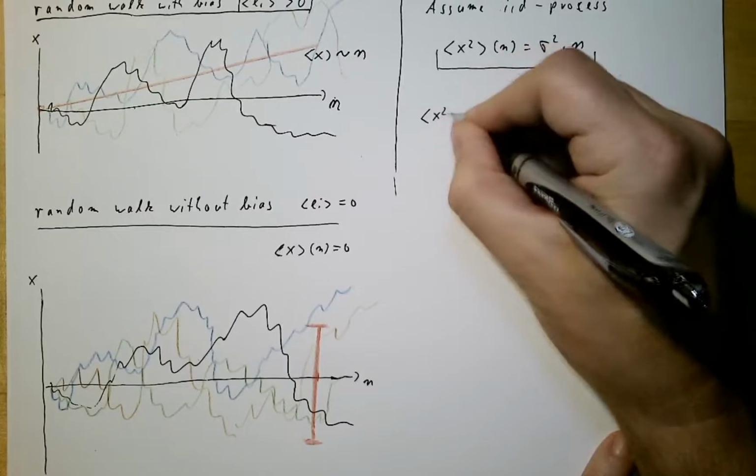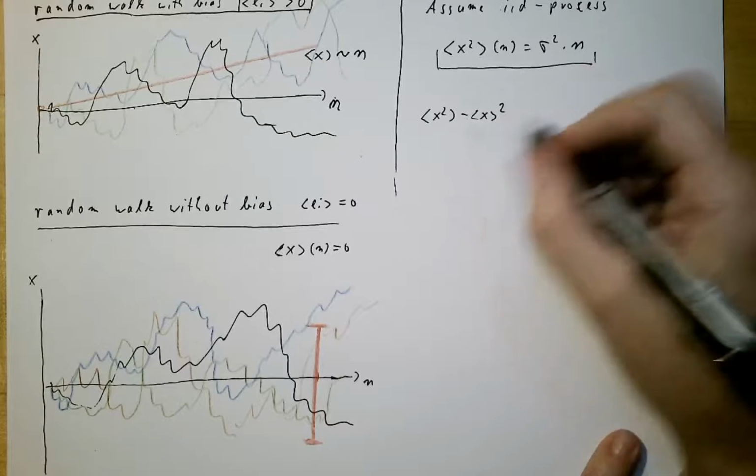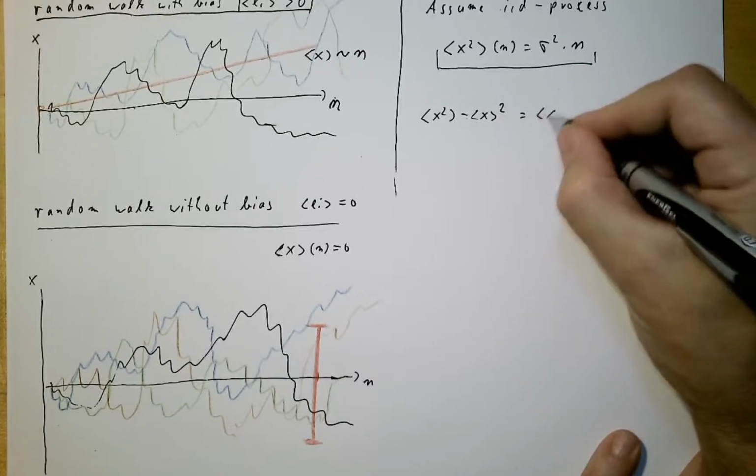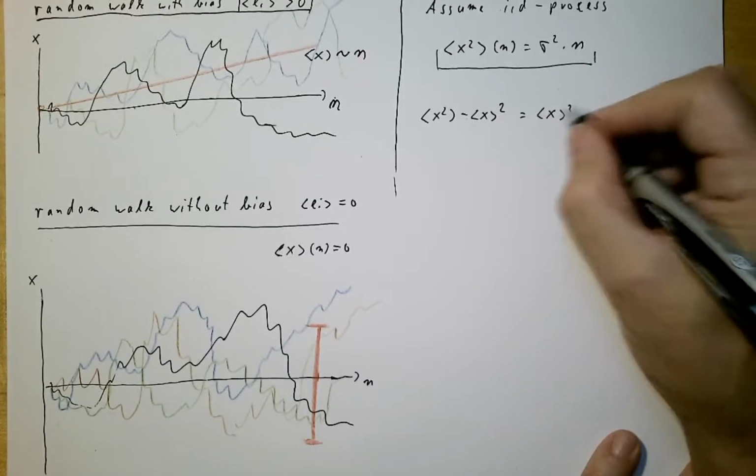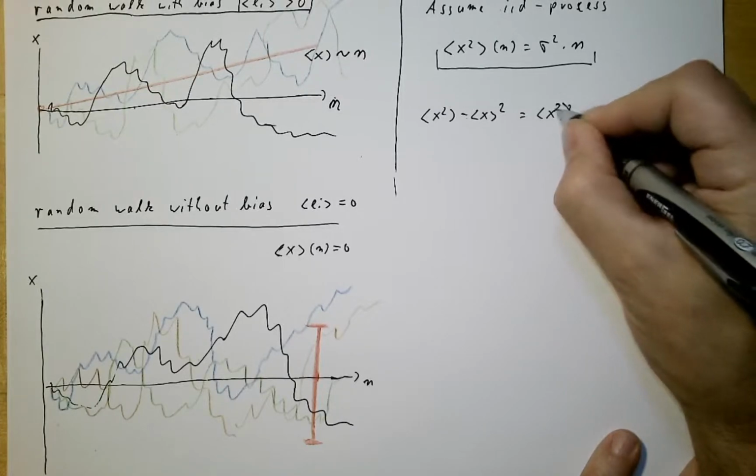So x squared minus the mean value squared, in this case, is the same as x squared.